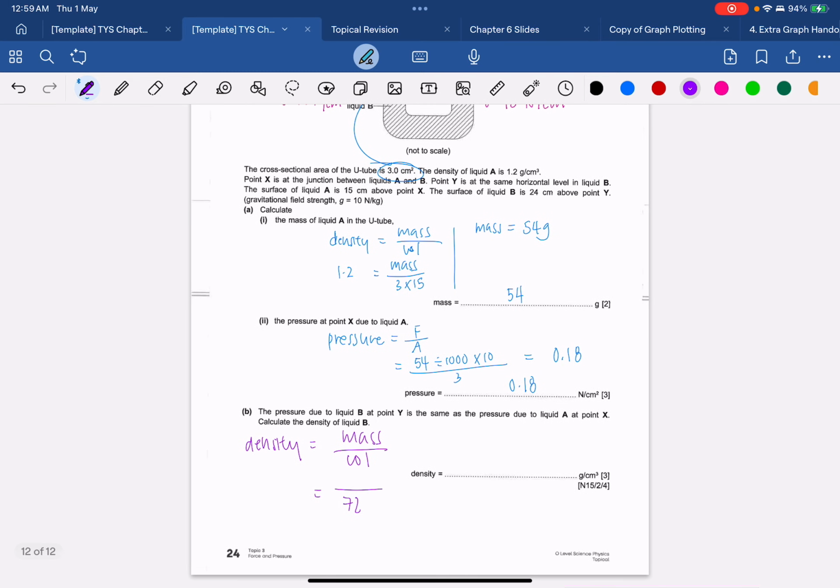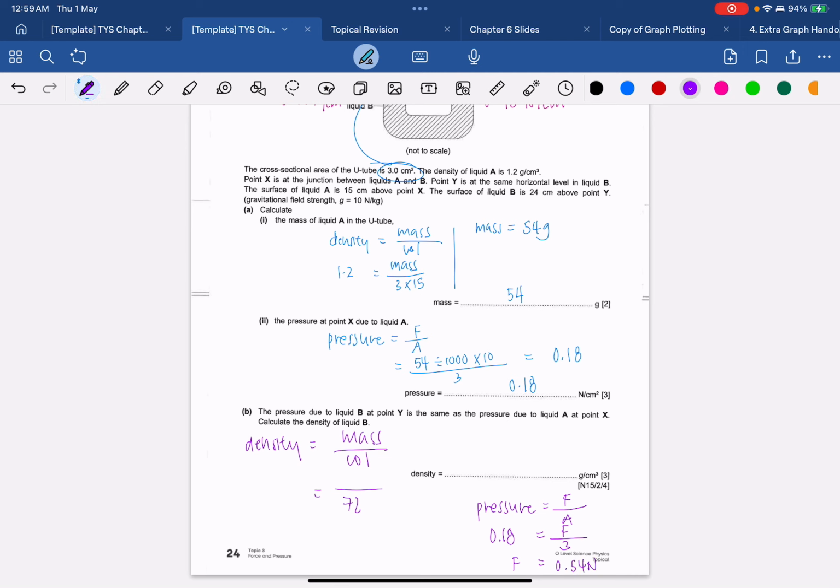I do not know, so I have two unknowns. So I need to calculate mass. But they say pressure is the same. So pressure equals force over area, and it's the same pressure. The area is 3, remember? So my force will be 0.18 times 3, which is 0.54, but this is in Newton.